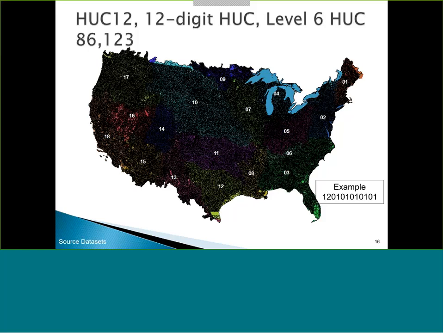I think they average around 90. You can see at the Canadian border and at other places like in South Florida where the HUCs are fairly large. We have large HUCs up in the Great Lakes.